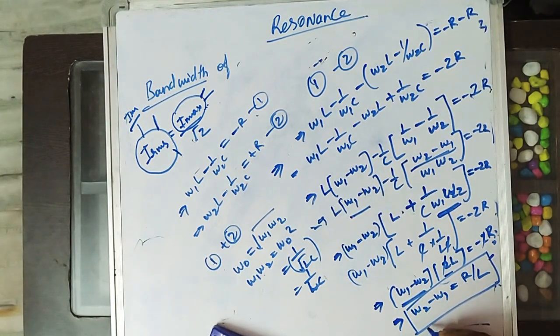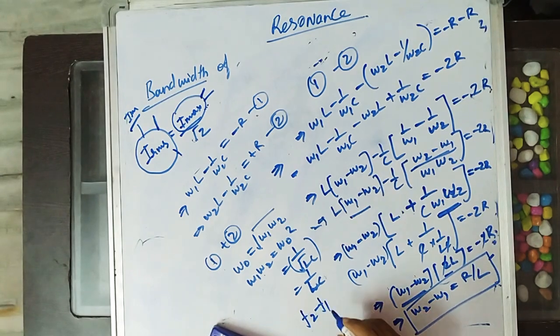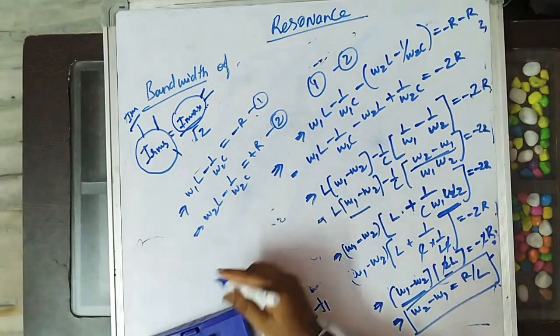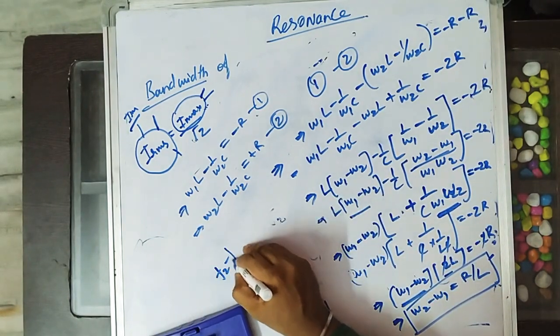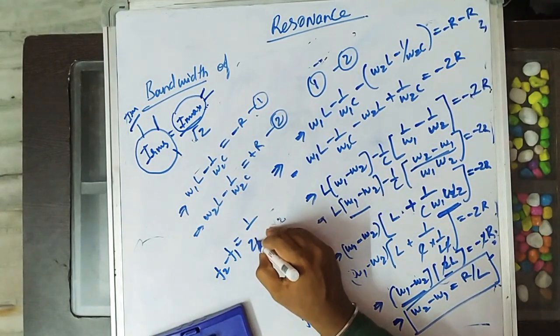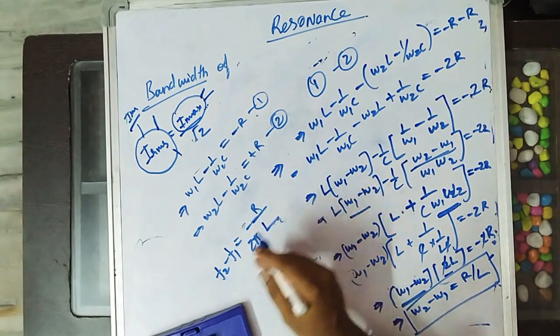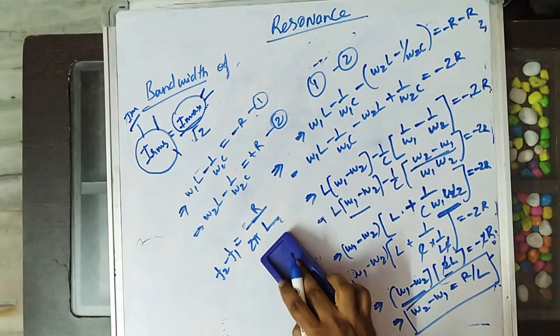If you want to convert this to Hertz, then F2 minus F1 equal to 1 by 2 pi of R by L. So this is the bandwidth.